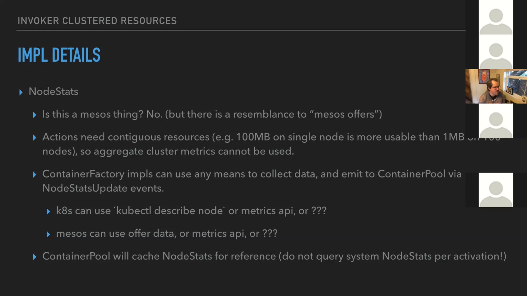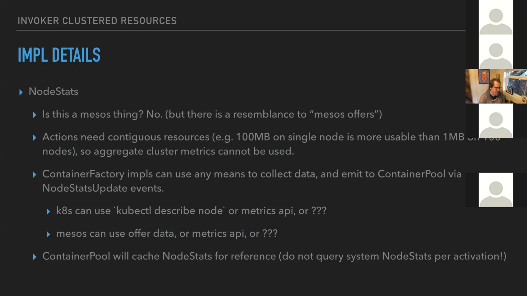Container factory implementations can use any means to collect data and emit to container pool via node stats update events. So this is what I was getting at, is that Kubernetes can use describe node or the metrics API or some other thing that I don't know about in Kubernetes to emit this same data. Mesos can use offer data or the Mesos leader API, or potentially some other mechanism.